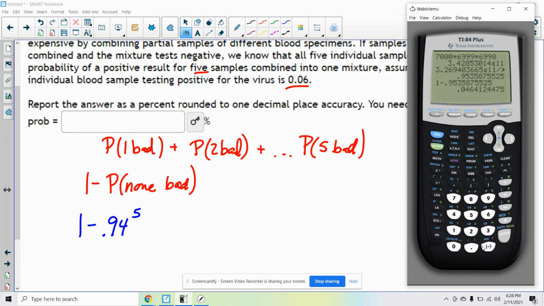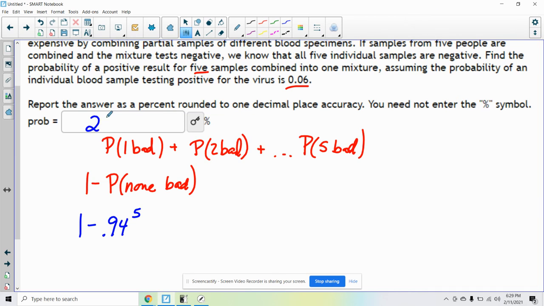I'll just do that first. 0.94 to the 5th power. Now I'm going to do 1 minus that. So you have 0.26609, or let's see here, 26.6%. And that's it.